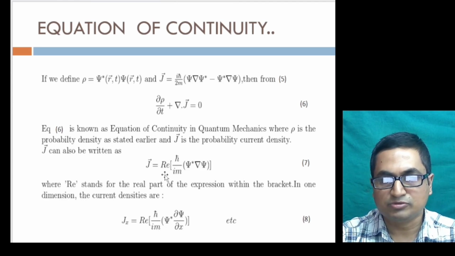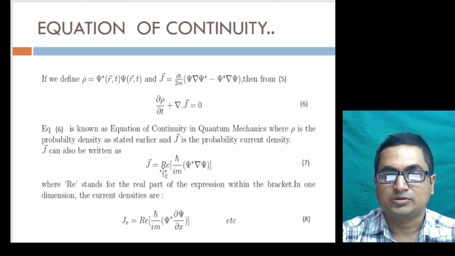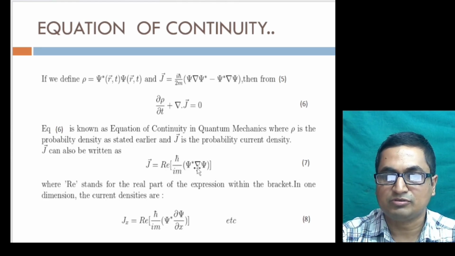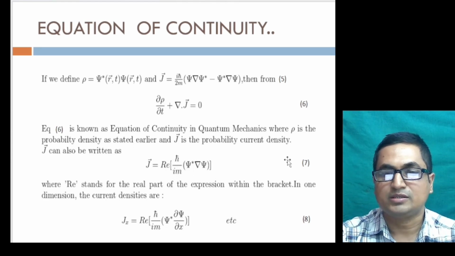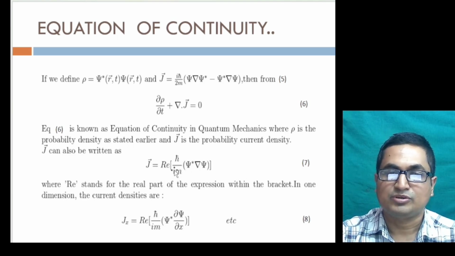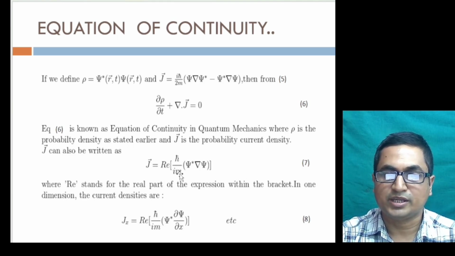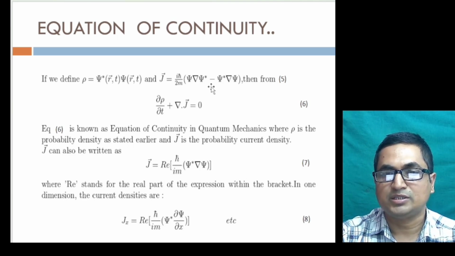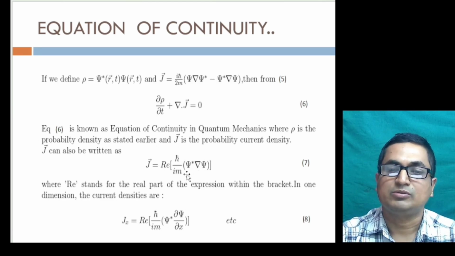And this j can also be written like this: Re of (ħ/m times i, Im psi star ∇psi), this is equation 7, where Re stands for the real part of the expression within the bracket. The 2 here is cancelled because we are taking the real part of this quantity, and the minus sign is included with the real part.